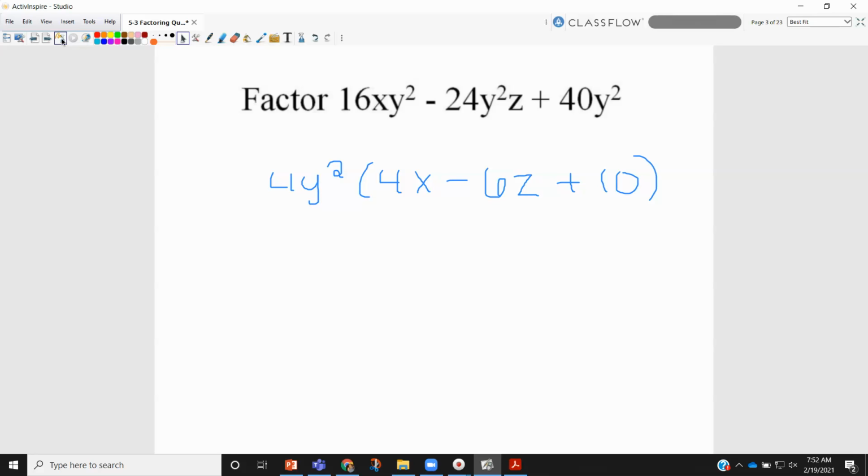So sometimes, and that was part of the process, sometimes you don't take out the full GCF. So Cole said, hey, why don't we just take out an 8?